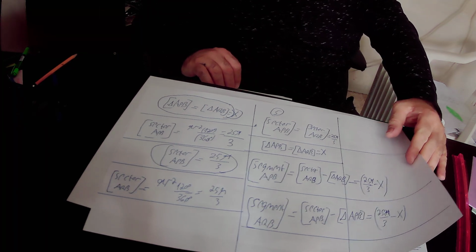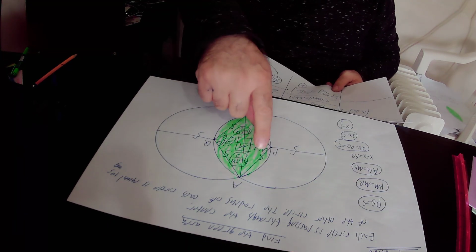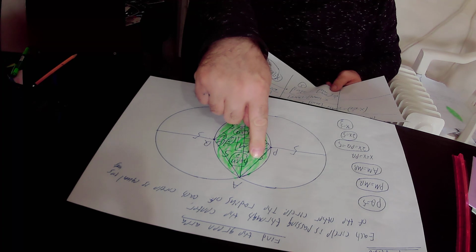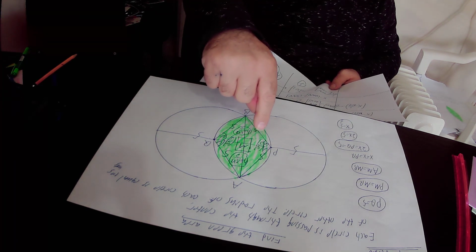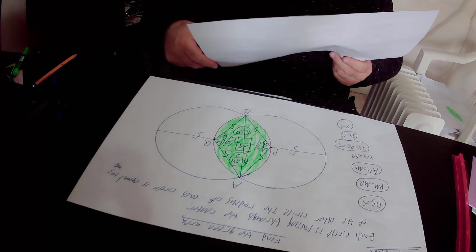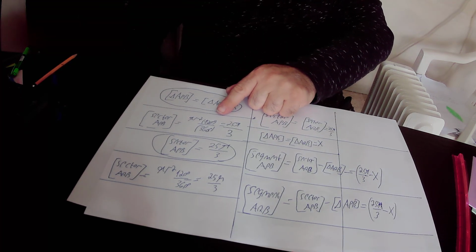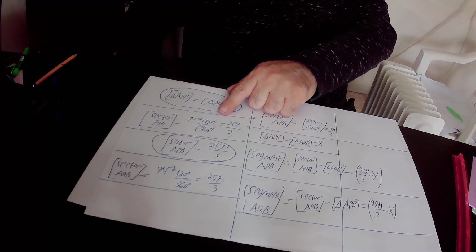Okay? Then, what is the area of sector APB? The area of sector APB equals pi r squared times 120 degrees over 360 degrees.